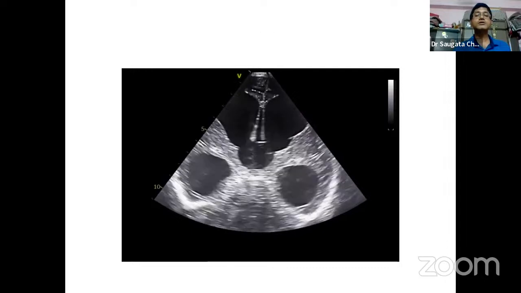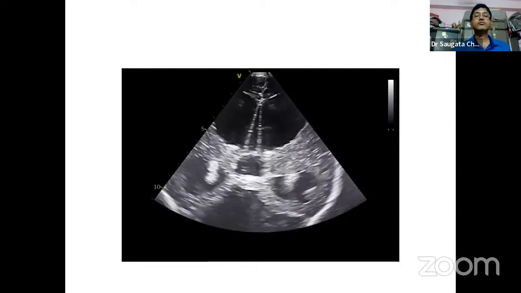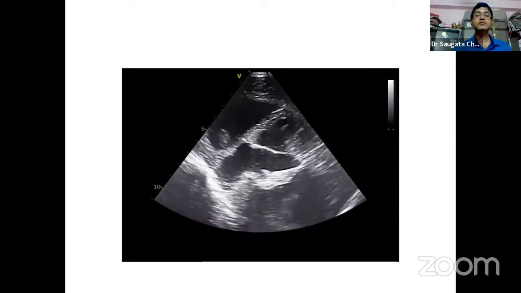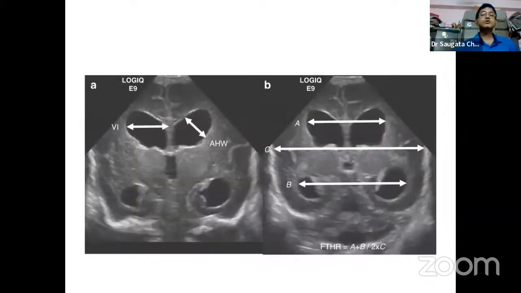This is a case of hydrocephalus. You can see the C3. This is a posterior fossa cyst causing hydrocephalus. So hydrocephalus, we measure in this way. First, you will see the ventricular index.